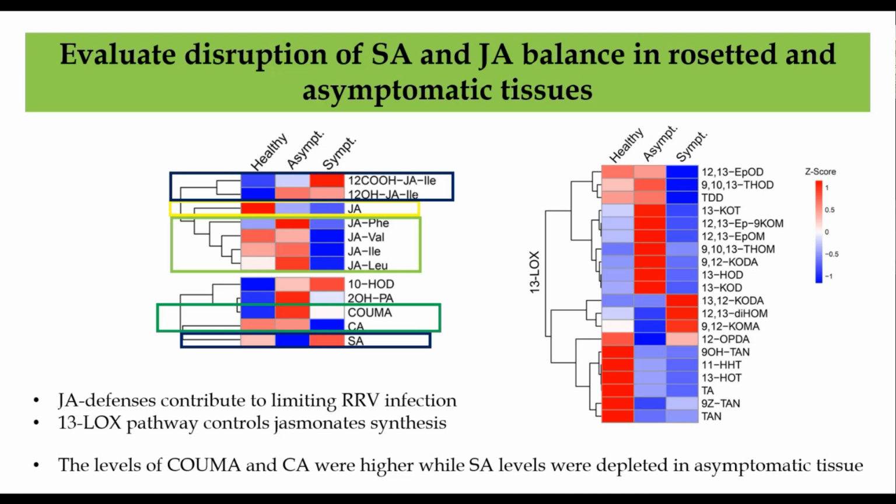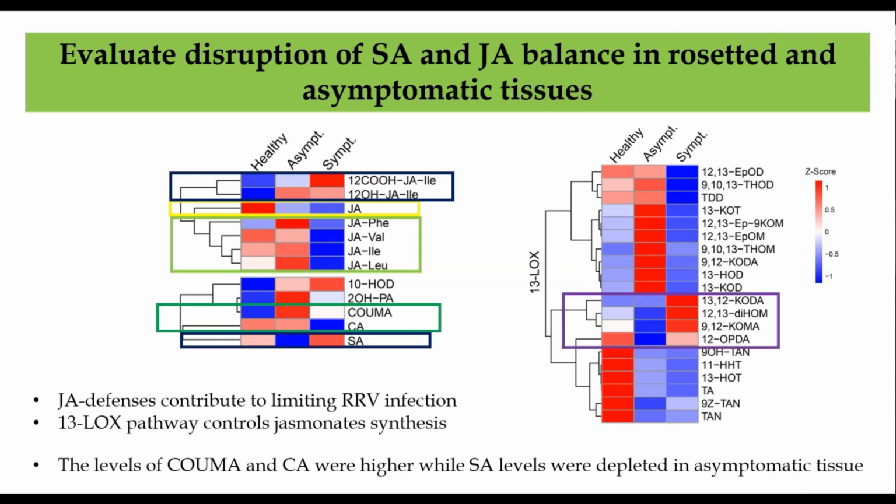If you look more closely, in asymptomatic canes these two metabolites are relatively more accumulated. Since they're in the same pathway, upstream, we can assume that salicylic acid accumulation should be more in asymptomatic as well, because downstream they should be more. But here you can see a clear block of salicylic acid accumulation in the asymptomatic branch.